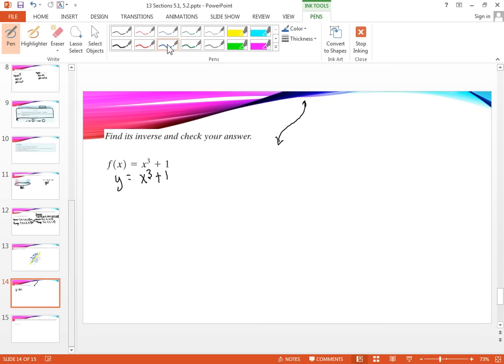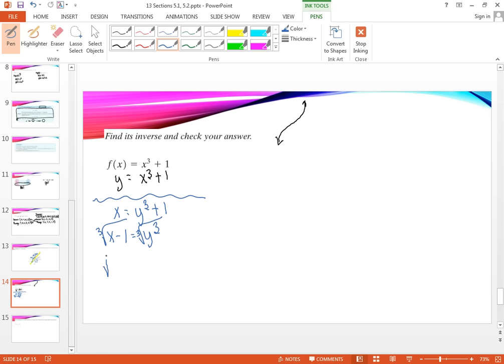That's what we just did with the other two problems. It works here as well. So if you want to find the inverse, where you see y, write x. Where you see x, write y. And then solve that equation for y. Okay, so I need to move the 1 to the other side by subtraction. And I need to get the y by itself by taking the cube root.